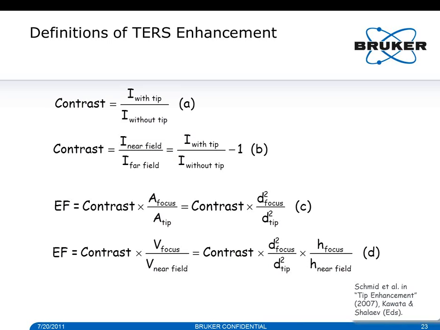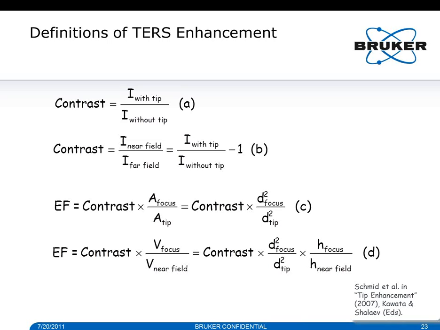However, for practical reasons, it's extremely useful, because you see a spectrum where your tip is not in the picture, and then you get a spectrum where your tip is there and enhances the field, and contrast is basically the difference between these two. So it's an extremely useful direct measure for what's actually going on here.